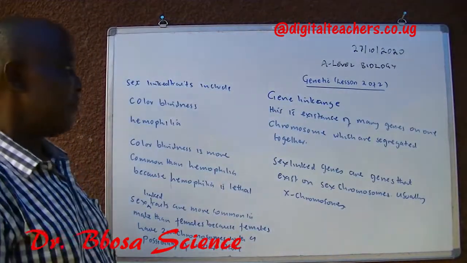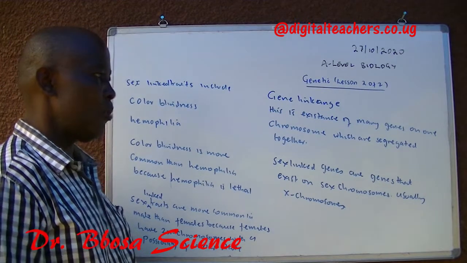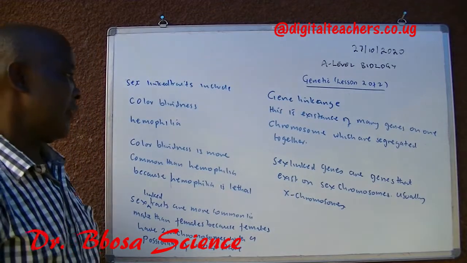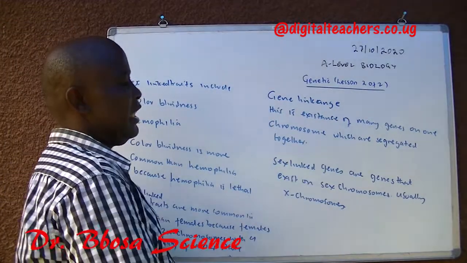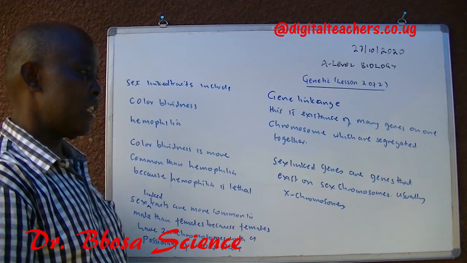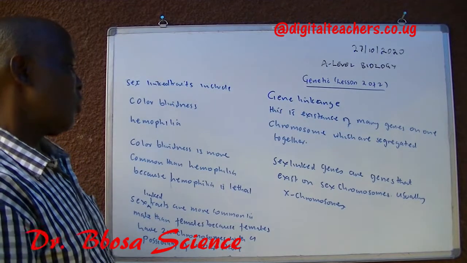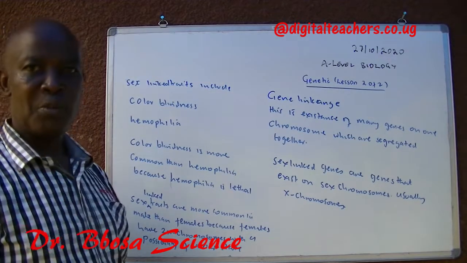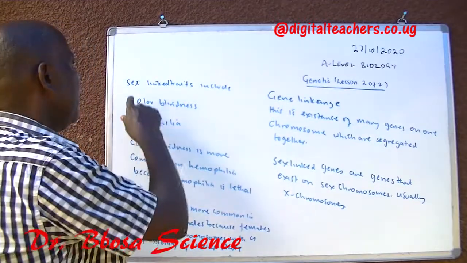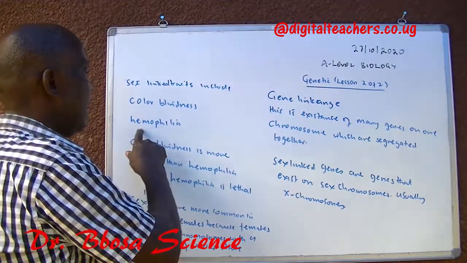Gene linkage. This is the existence of many genes on one chromosome which are segregated together. Sex-linked genes are genes that exist on sex chromosome, usually X chromosome. Y chromosome has got very few linked genes. Sex-linked traits include color blindness and hemophilia.